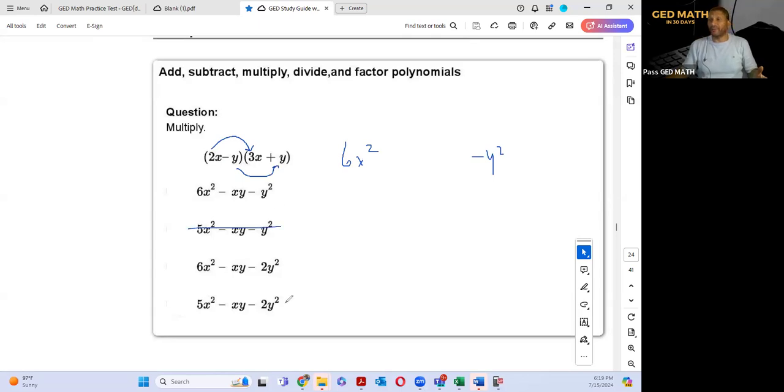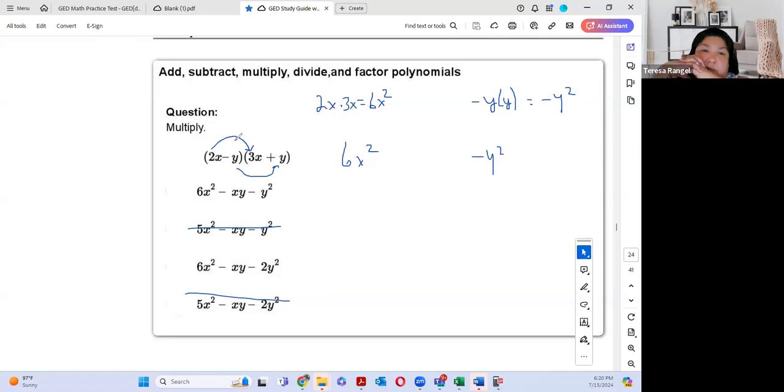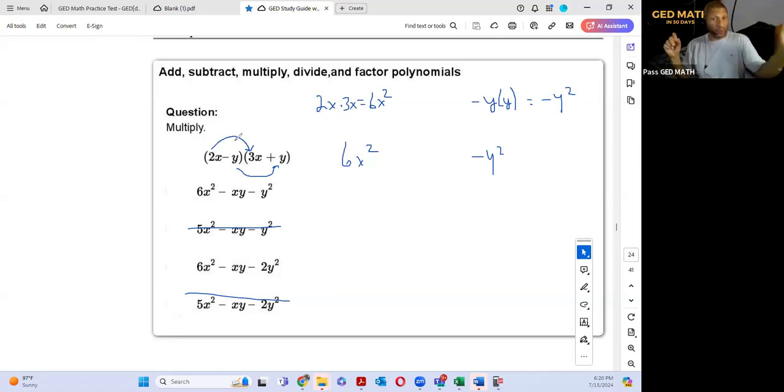So right away, I got rid of B and D. That's just knowing your exponent rules and how to multiply binomials. 2x times 3x is 6x squared. Minus y times y is minus y squared. So just by knowing the first and last terms, which I can do quickly, I got rid of 2 of the multiple choices.